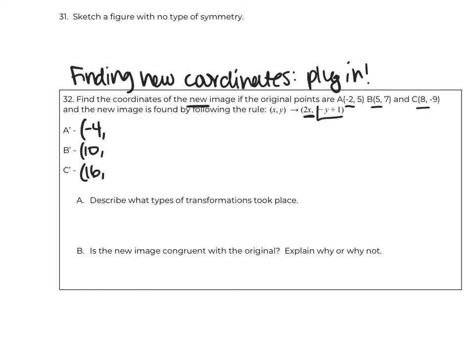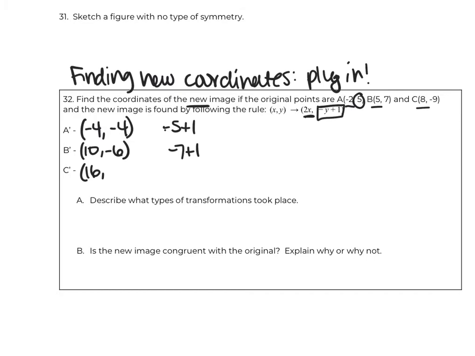Now for the y, I'm going to do negative this number plus 1. So for A, negative 5 plus 1 is negative 4. For B, negative 7 plus 1 is negative 6. And for C, negative 9 plus 1 is negative 8.